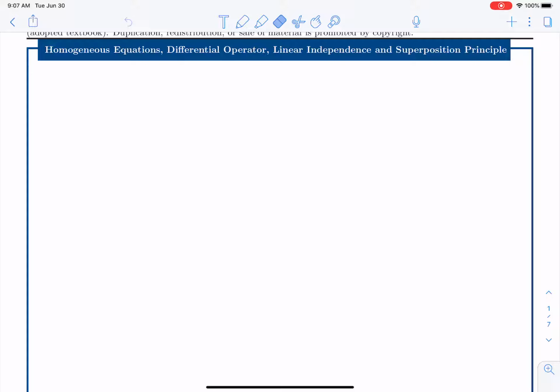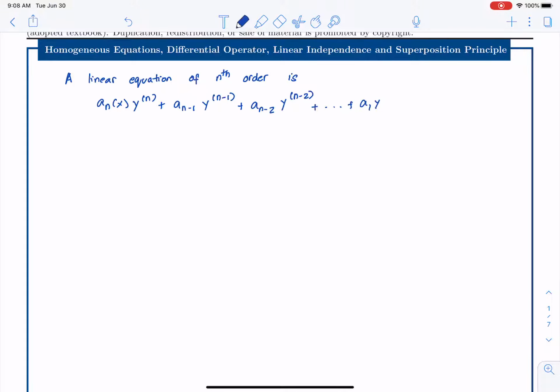So just to go back and reiterate, a linear equation of nth order is a_n(x) times the nth derivative, a_{n-1}, the (n-1)th derivative, a_{n-2}, the (n-2)th derivative, all the way up to the first derivative, and y equals some g of x.